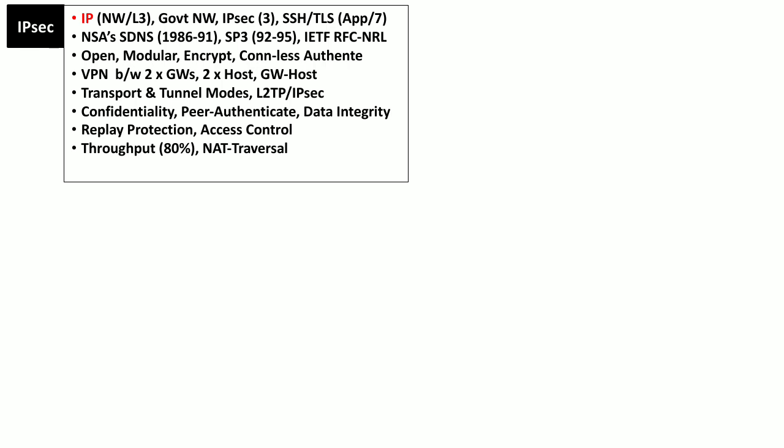There are certain issues with IPsec: it reduces the throughput of the network by up to 80%, and moreover, network address translation or NAT has some issues with IPsec. Therefore, we use NAT Traversal to overcome these issues.